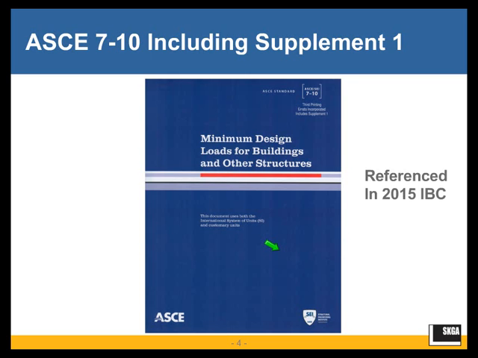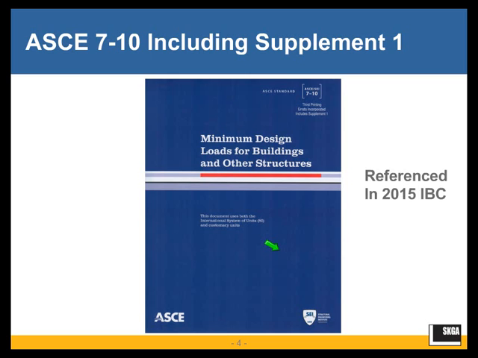Now, what I just told you will indicate to you that because of this, there aren't too many changes in chapter 16 from the 2012 to the 2015 edition of the IBC. The next edition of ASCE 7 after 2010 is 2016.